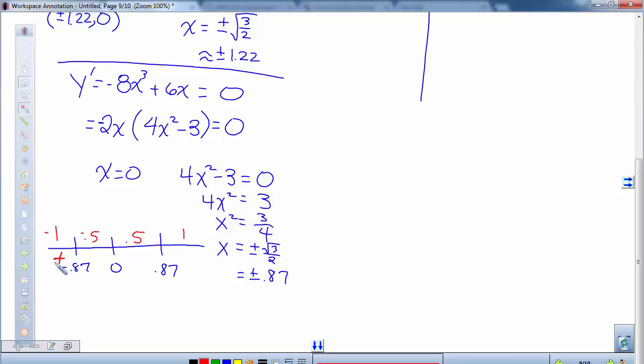If we do minus 0.5, -2 times -0.5, that's going to be positive. 4 times 0.5 squared gives me 1 minus 3, so this is negative.